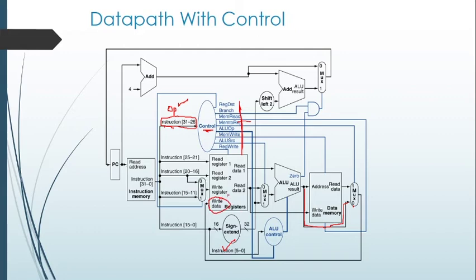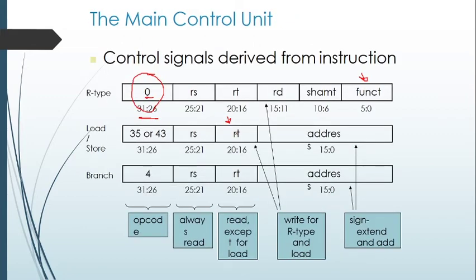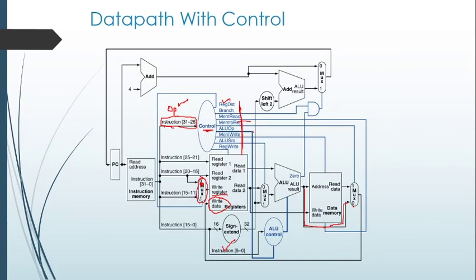But which destination register is it going to write to? That is decided by this small multiplexer, which needs a control signal called register destination. Register destination will either have a value of 0 or 1. For 0, the destination is RT, as in a load instruction, where the destination is RT.